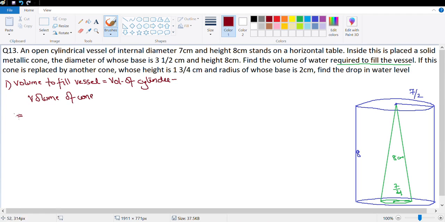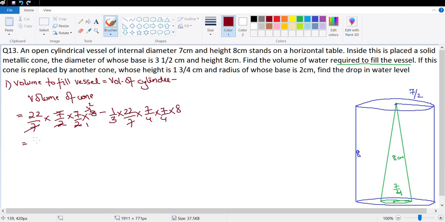In this case 22 by 7 into r, r for the cylinder is 7 by 2 multiplied with 7 by 2 multiplied with height, which is 8, minus volume of cone, which is 1 by 3 pi r square h. Pi r in this case is 7 by 4, 7 by 4 into h is 8. That's 7 and 7 get cancelled. 2, 4, 2, 2. So that's 22 into 14.